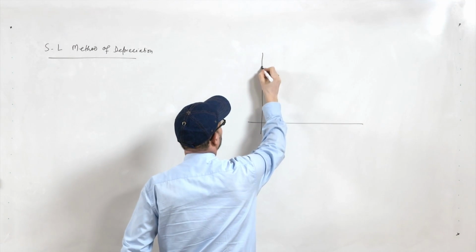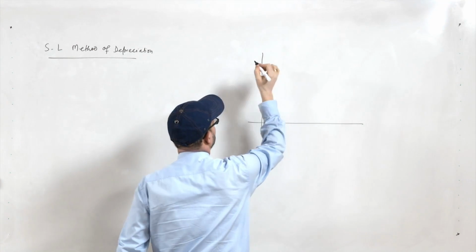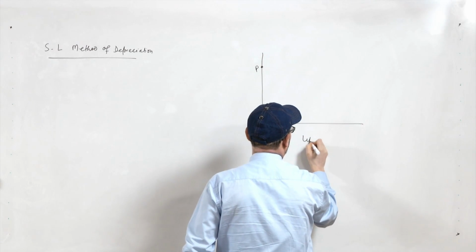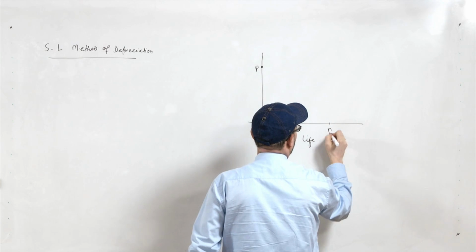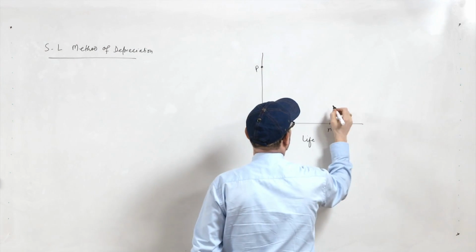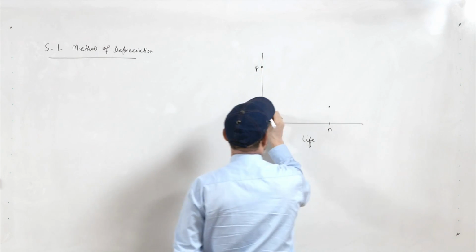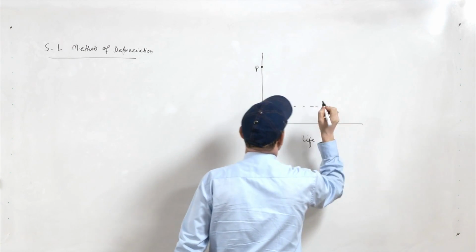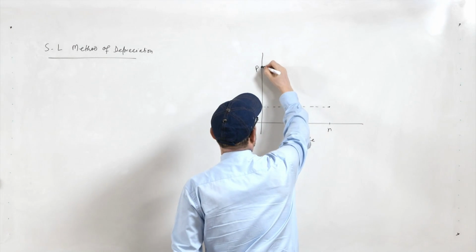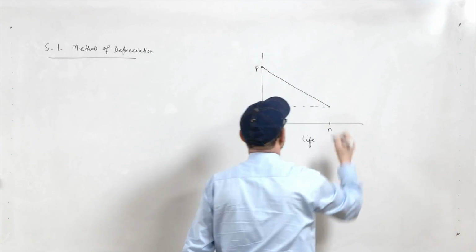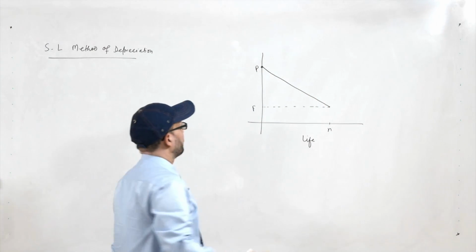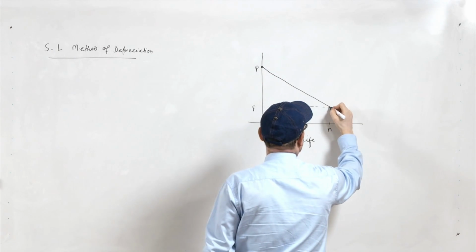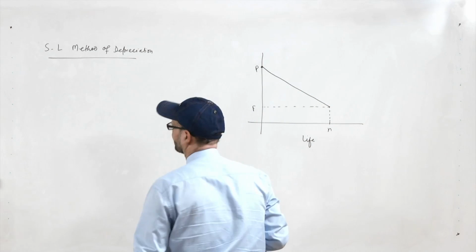Your first cost is P and the asset has a life of n years, and suppose it has a salvage value of F, in that case this is the function. P minus F is this value and the depreciation is over n years.